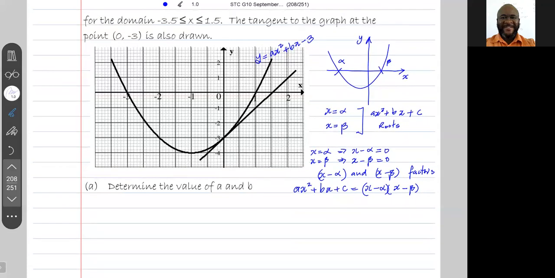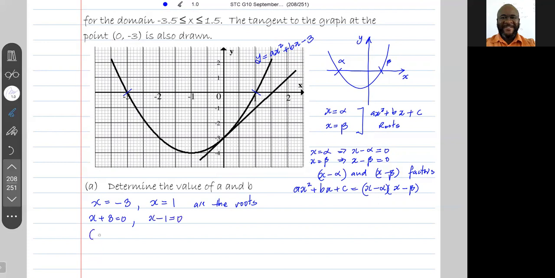So now in this case, the roots are the x-intercepts. So x is equal to minus 3 and x is equal to 1. Those are the x-intercepts. They are the roots. If I bring my minus 3 over to the left, I get x plus 3 is equal to 0, and I get x minus 1 is equal to 0.